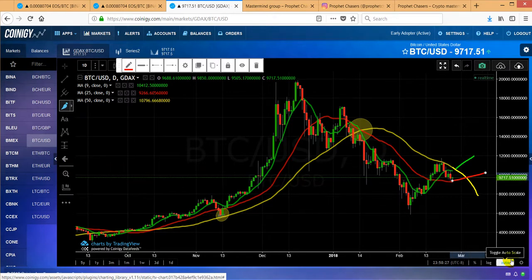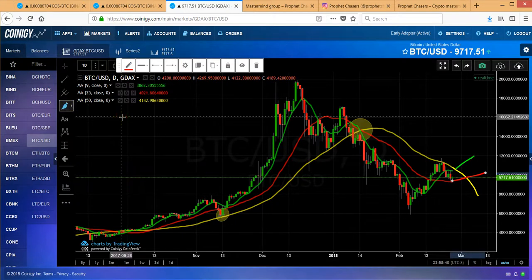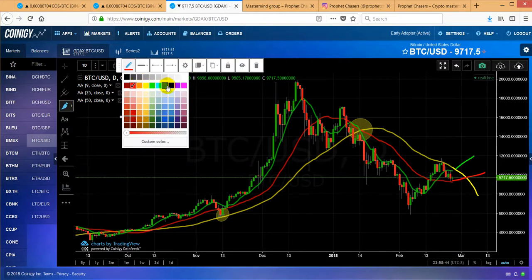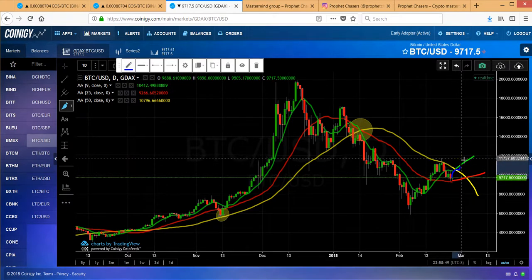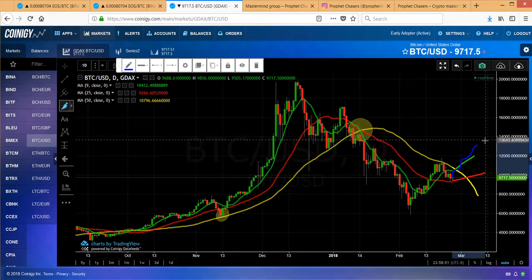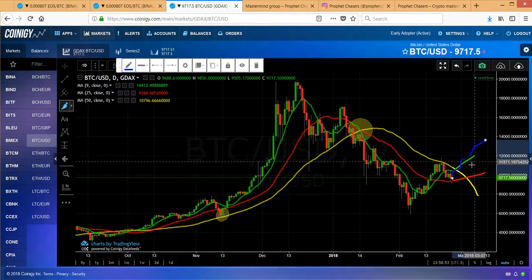So if I were to see this, right, these lines start going this way, and then we see a bounce here, maybe off here, and it starts going, and we can keep above this moving average, the short-term moving average, that would indicate another bull run for me.